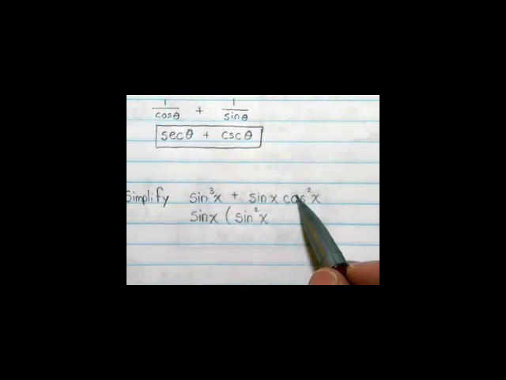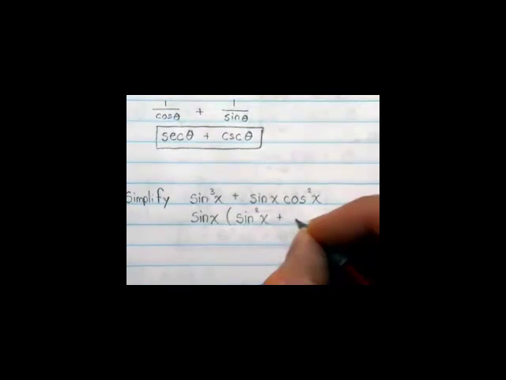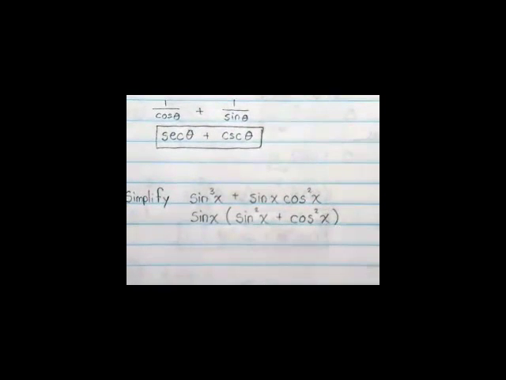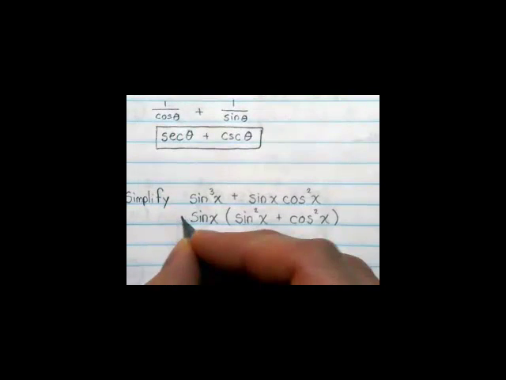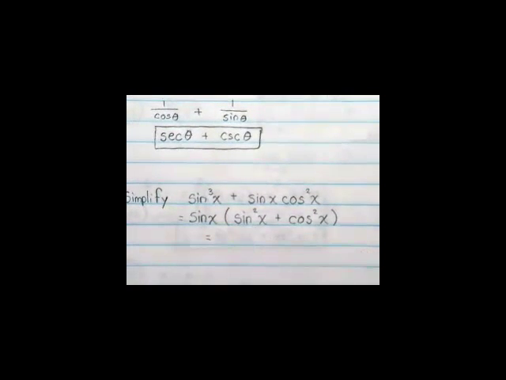And then in the second term, we get plus the cosine squared x. So, what do you notice? See another identity in there that we talked about yesterday? Sine squared plus cosine squared, we said, is equal to 1. So, this entire expression is actually equal to what then? Just sine x, right?